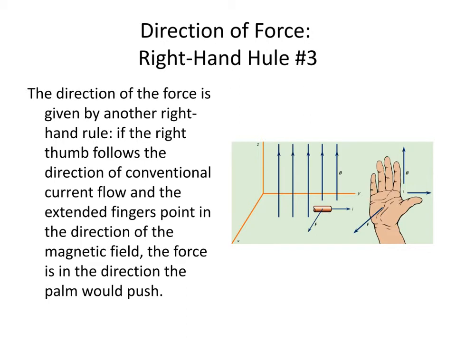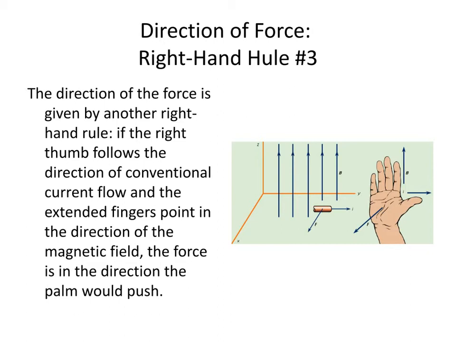Here is our third right-hand rule, and this is all about the force that acts on that wire, and we want to know the direction of that force. So we've just learned how to find the magnitude of the force, but how do we know its direction? Well, that's where right-hand rule number 3 comes in.